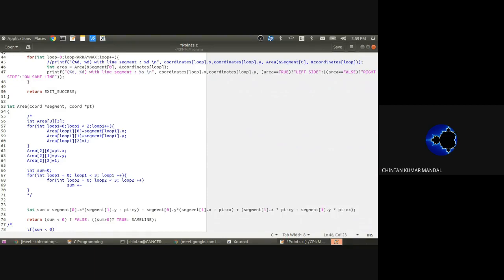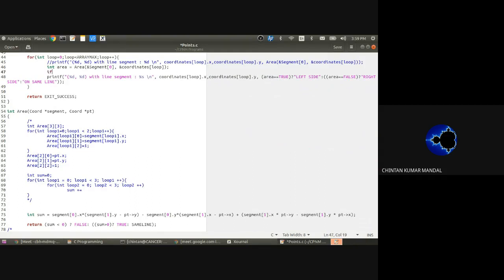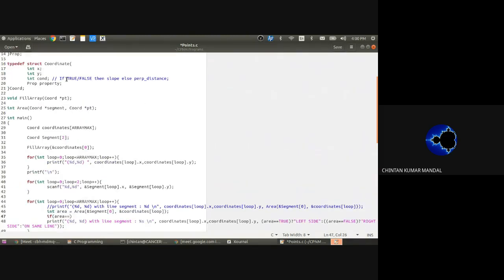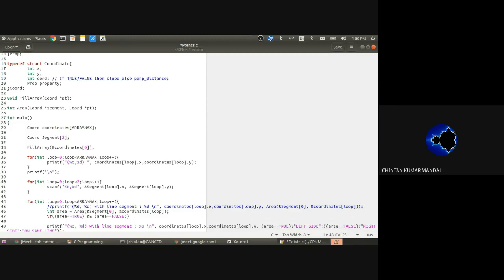So this is basically in area. So if area equivalent to false, then two things will be done.